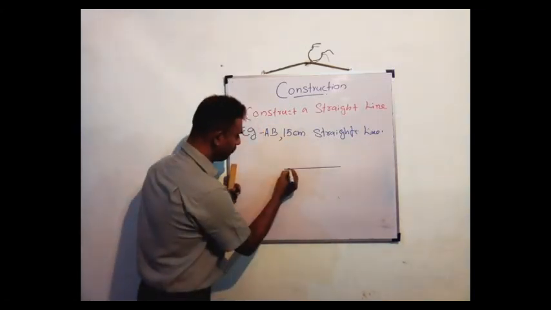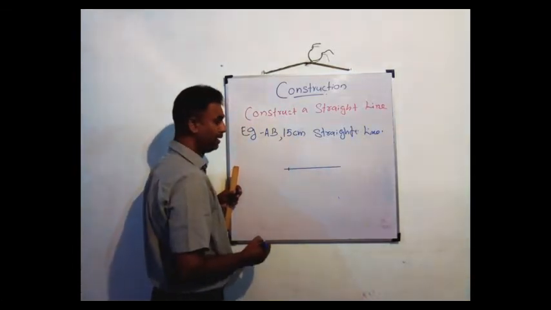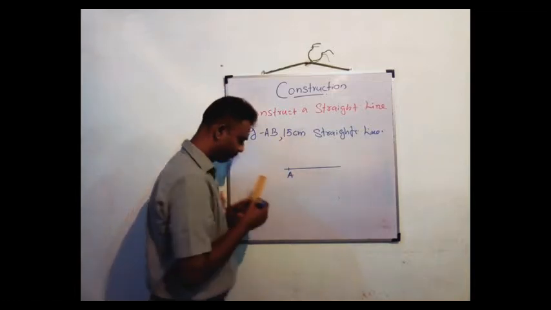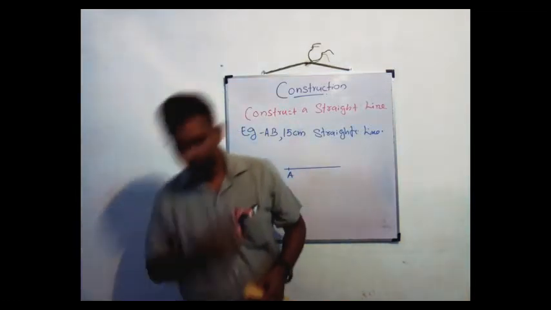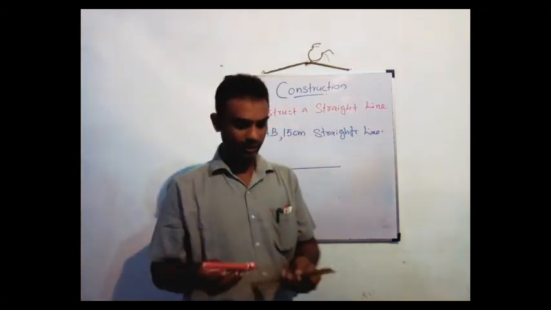First, we make some point and mark it as A. In the next step, you take the compass and ruler.